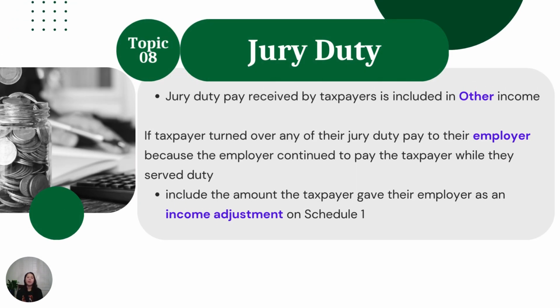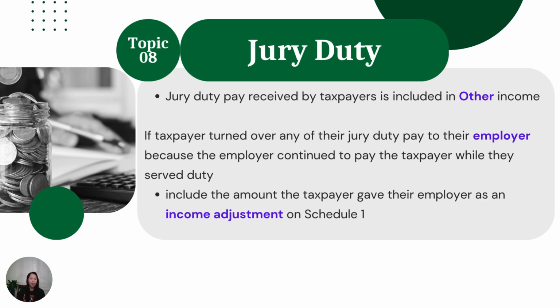And the last type of expense that we're going to be going over that adjusts your gross income is jury duty. Jury duty pay received by taxpayers is included in the other income section. The adjustment comes in if the taxpayer turned over any of their jury duty pay to their employer because the employer continued to pay the taxpayer while they served on duty, meaning that your employer says, okay, you can go to jury duty, but whatever money you make serving on the jury, you have to give me in order for me to give you your pay for being here.